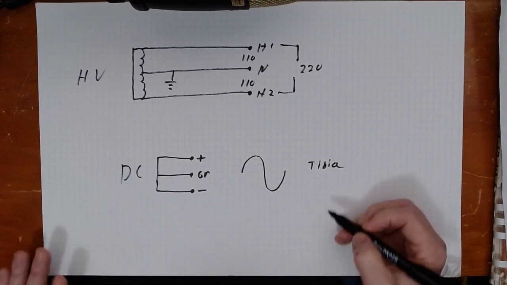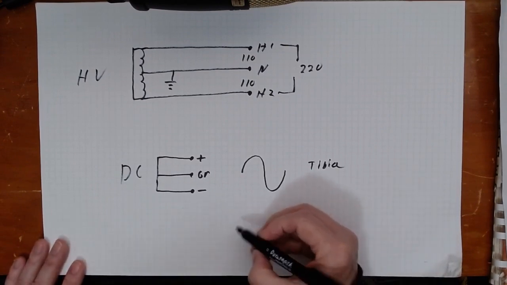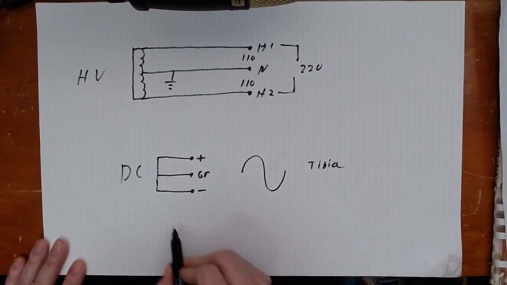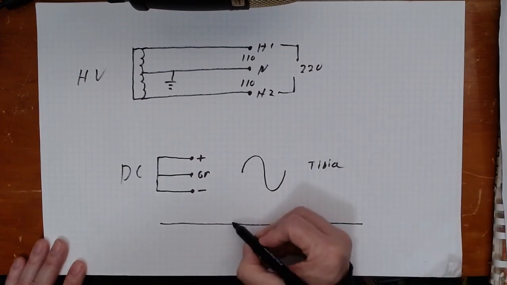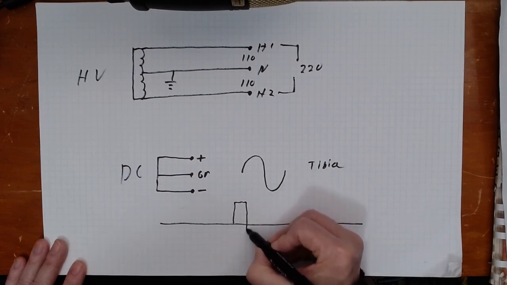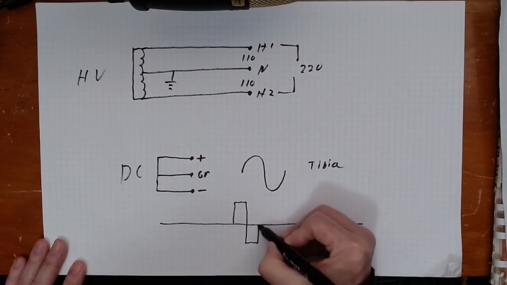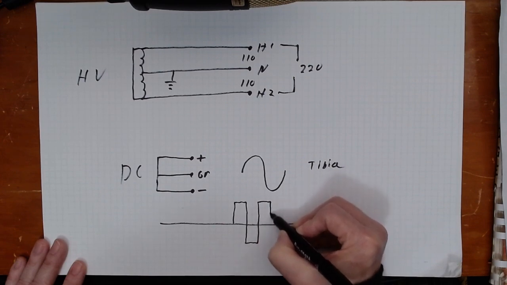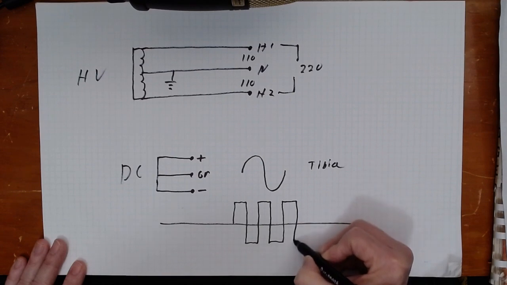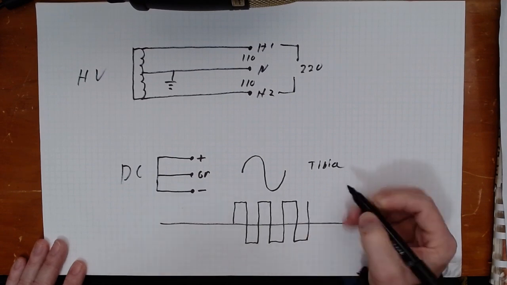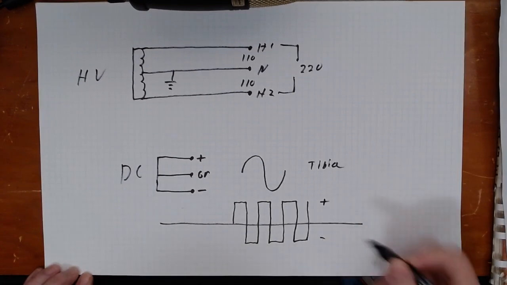There's a variation done for the main. And what happens is, let's say this is our neutral point. The main oscillators are generating a square wave that goes both positive and negative. Positive, negative.